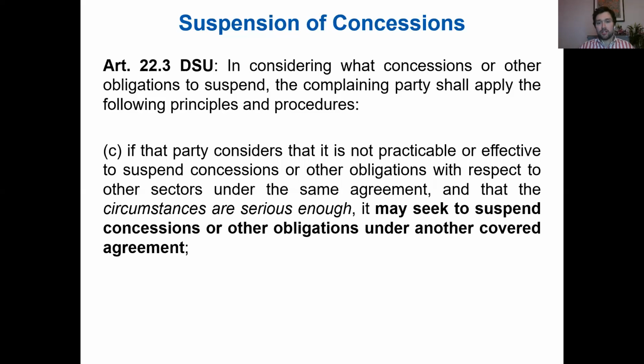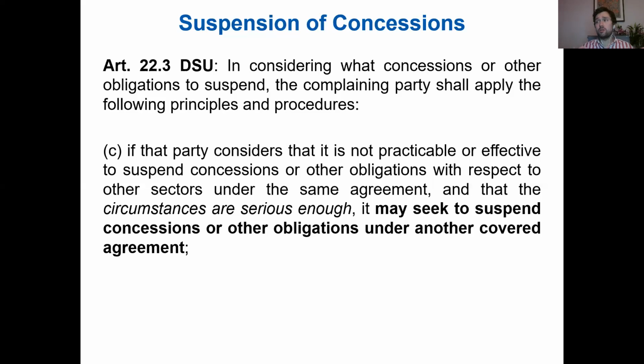And then, if the party considers that it is not practicable or effective to suspend concessions or other obligations with respect to other sectors under the same agreement, and that the circumstances are serious enough, it may seek to suspend concessions or other obligations under another covered agreement. So if it's a violation of the GATT, you can suspend concessions with respect to services or vice versa. That is the situation when you can start doing so-called cross-retaliation.